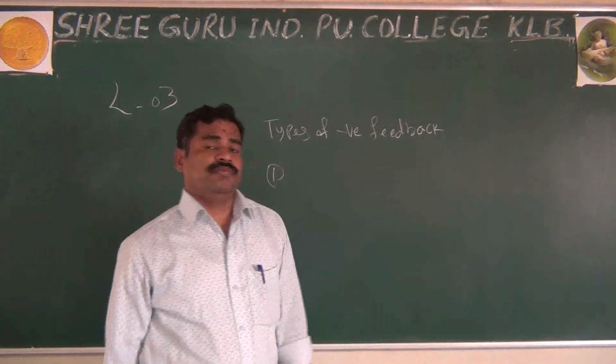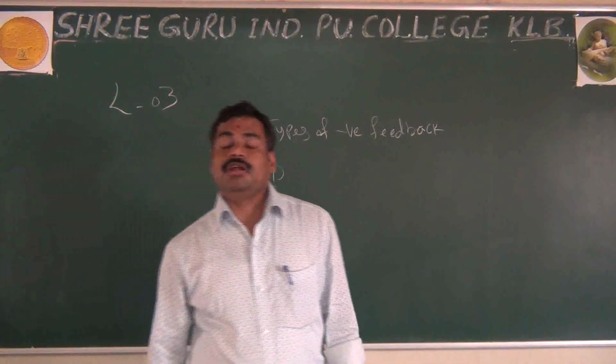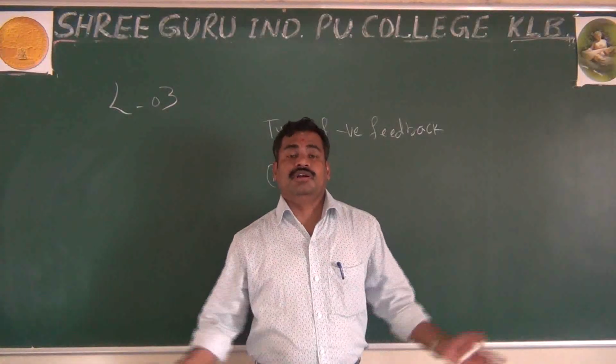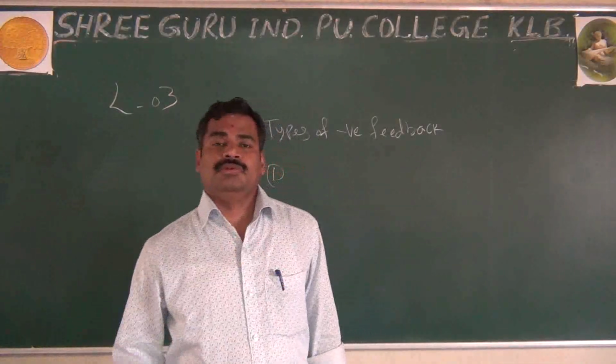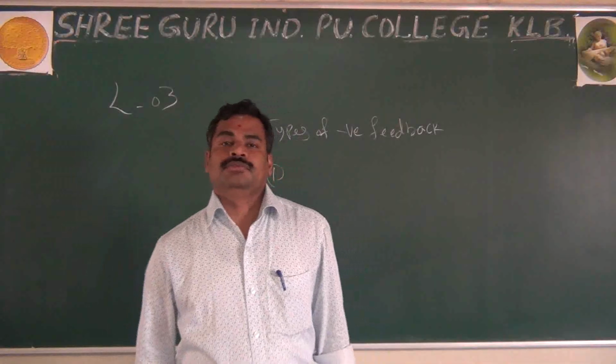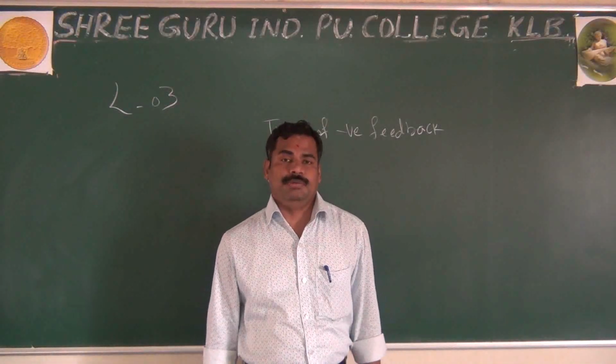Once again, recall what you studied in the last class, because many students may have some confusion on how to remember or how to draw the different configurations or topologies of negative feedback.